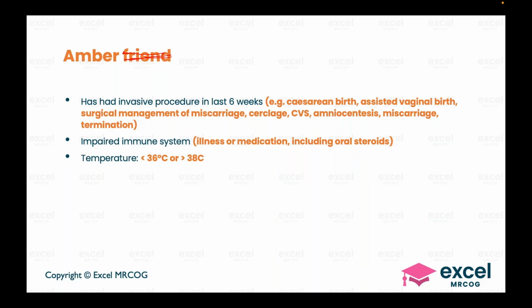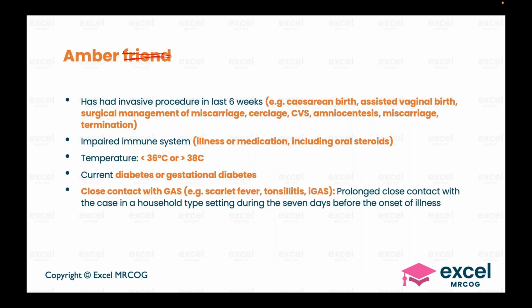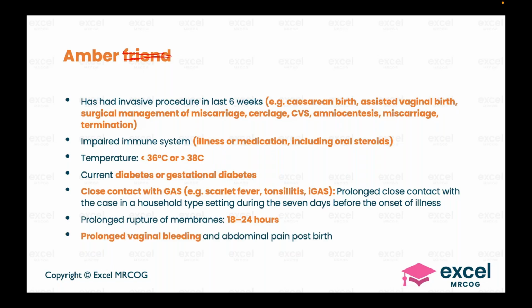Remember that. So then current diabetes again compromises the patient's ability to fight infections. And when you know that the patient has had a close contact with GAS. Prolonged rupture of membranes, we all know that this is an important risk factor. 18 to 24 hours if she's had rupture of membranes, and prolonged vaginal bleeding and abdominal pain after birth.